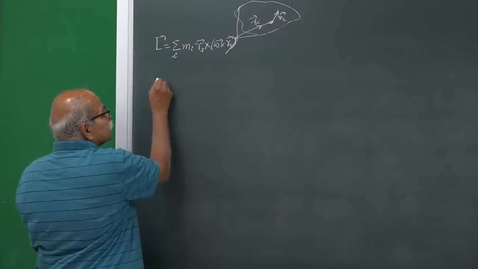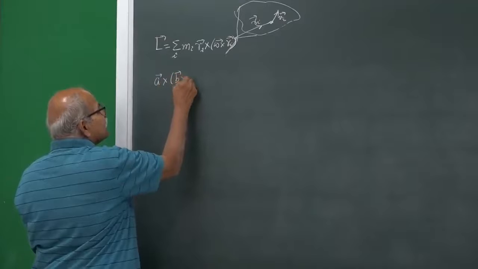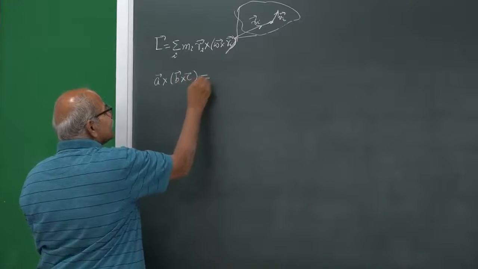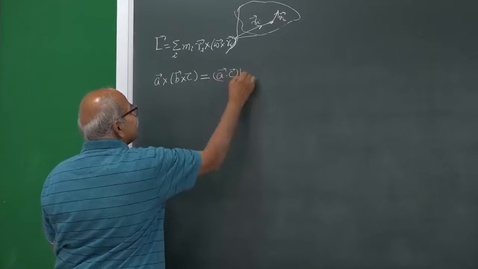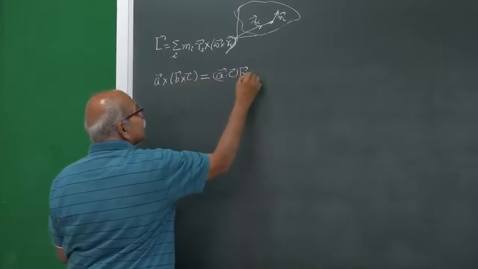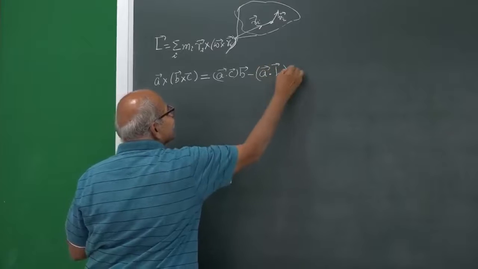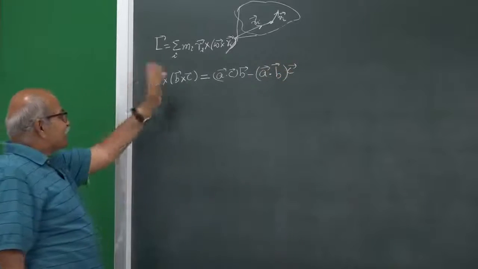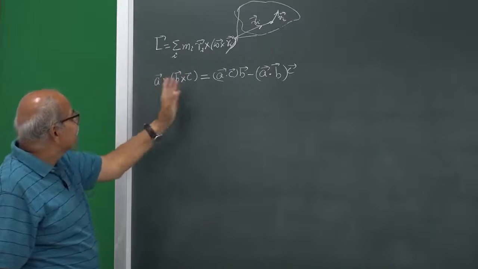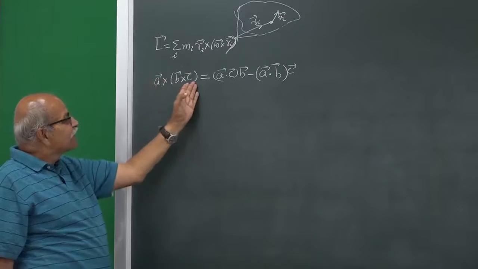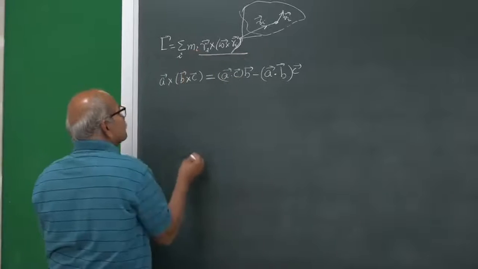Now, you must be knowing this, that A cross B cross C is equal to A dot C and then B vector, and then minus A dot B and here C vector. This you can work out, standard result. Any three vectors you take, and in this fashion you do the cross products, and then this is equal to this. This we will be using for this part.